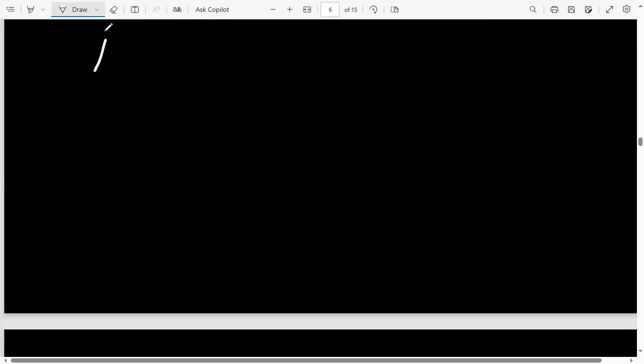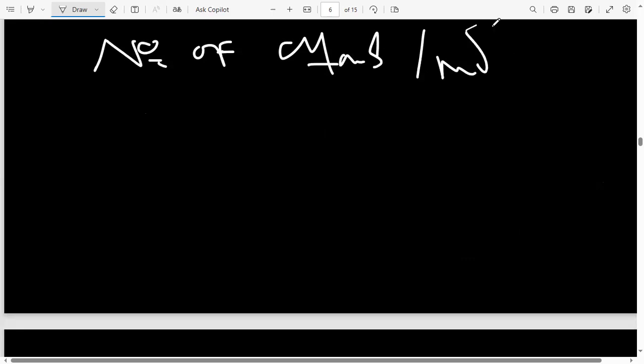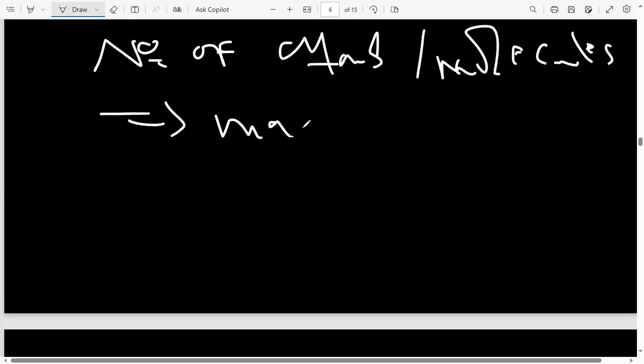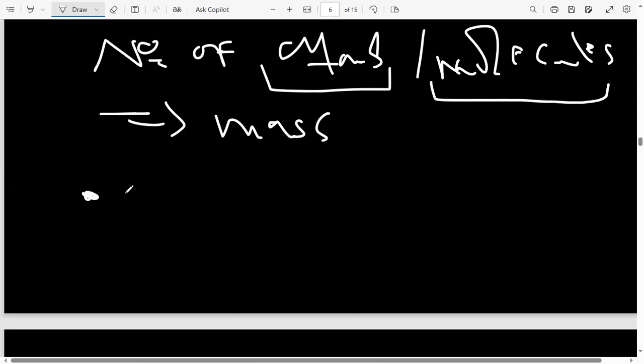If you are given a number of atoms, or you are given a number of molecules, and you want to change this number of molecules to mass. Or it can be the opposite. You can be given this mass, and then you're asked to change to the number of atoms or the number of molecules there. So there are 2 approaches to answering such a question, okay?